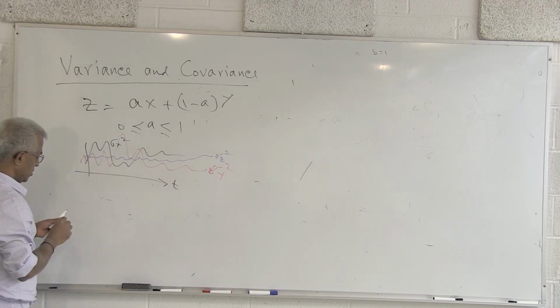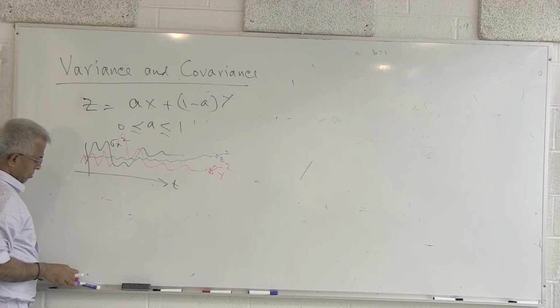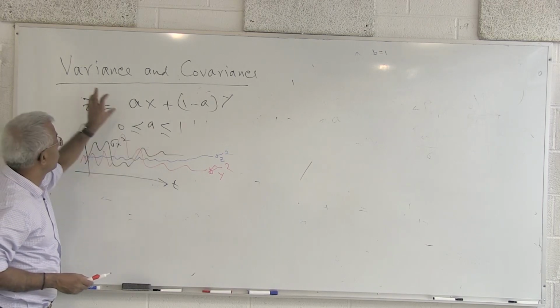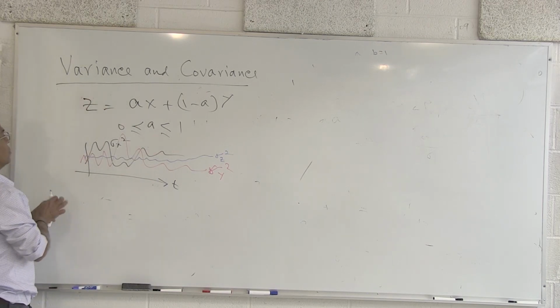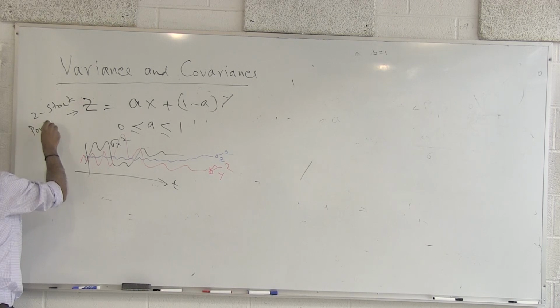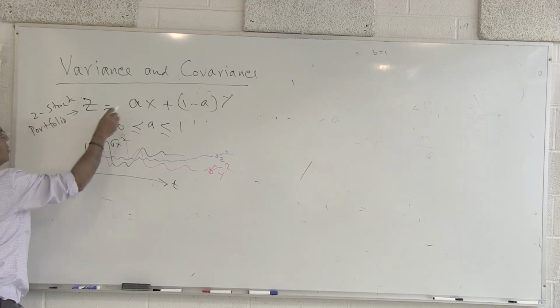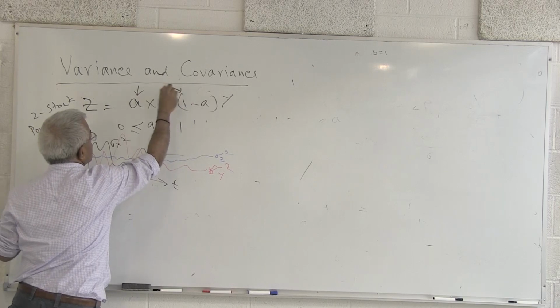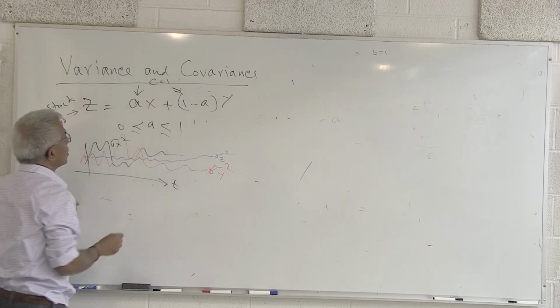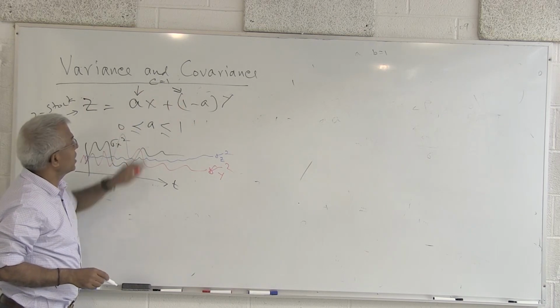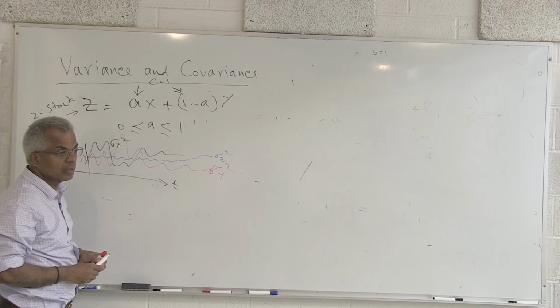You want to minimize the volatility of what you are holding. This is what you are holding, right? So this is a 2 stock portfolio. The capital C is 1, so a fraction is put here and a fraction here. So the question is, what fraction should I put into stock X?